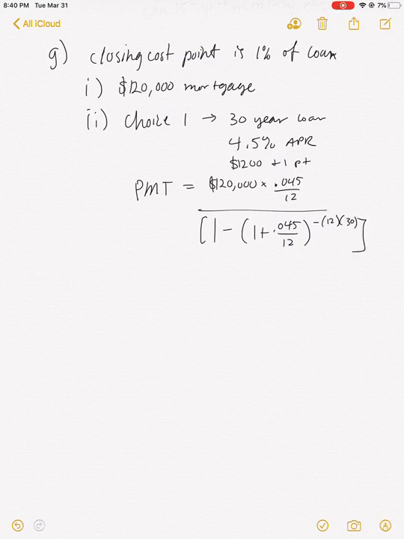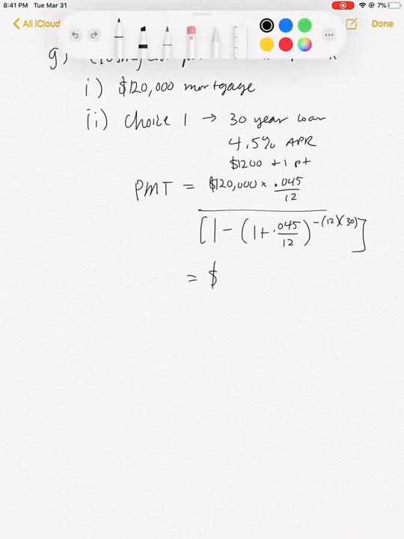Okay, and so doing this on the calculator, you can refer to the handout. But when we do that, we get $608.02.